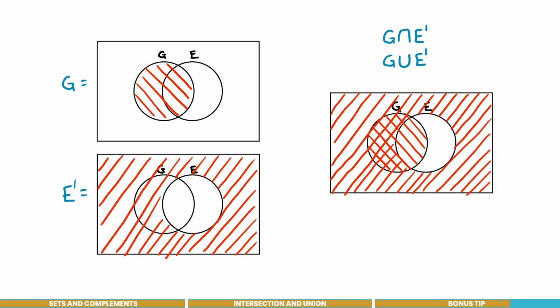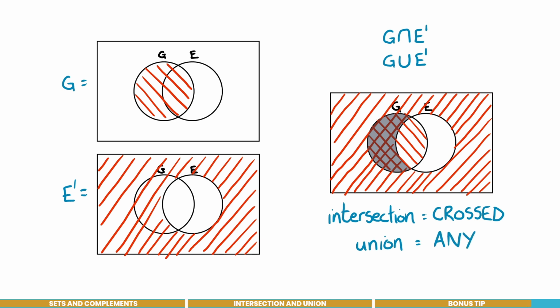Because now all you need to remember is that the intersection is the area that has crossed lines, so this area here, and the union is the area that has any lines, so this area here. Hopefully that tip will keep you calm and confident whenever you are confronted with a tricky question.